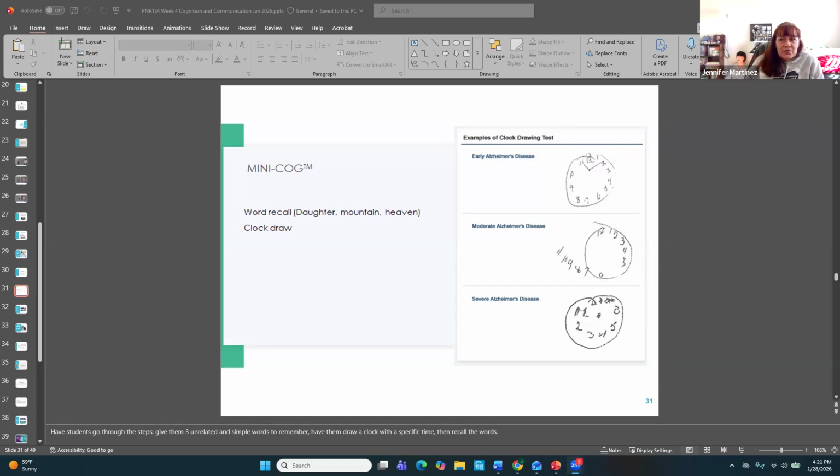This just shows you how it starts to decline. And we'll do word recall too. So, you'll give them a set of words, have them do some other stuff, and then ask them to repeat those words back to you, to see if they can remember.